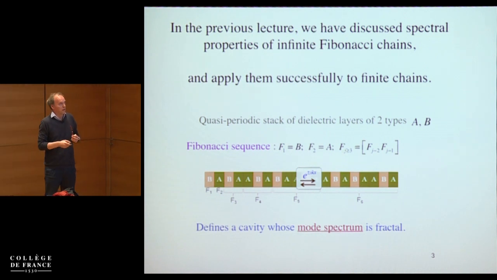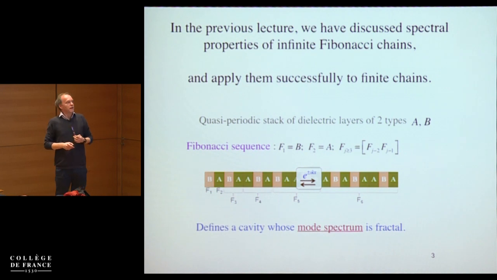We arrange them according to the Fibonacci sequence that we generate using the concatenation rule, which means that a word at a given step j is built out of the two previous ones in the series. So if we start from B and A, the next one is of length 2, and this is BA. The next one is of length 3, because it's the concatenation of this one and this one. It is ABA, etc.